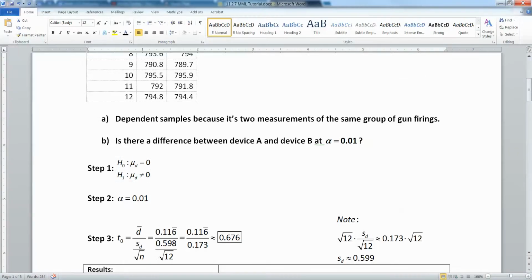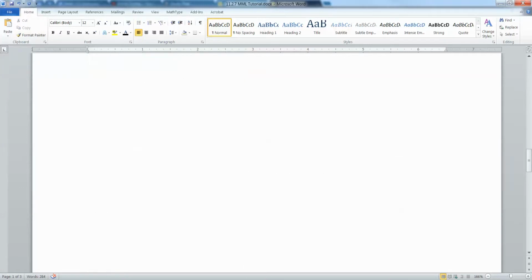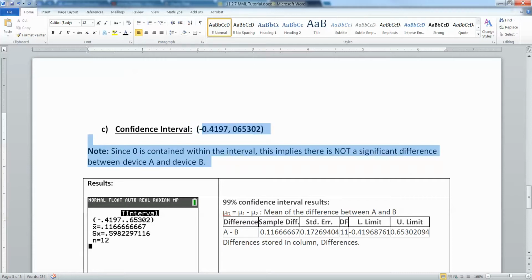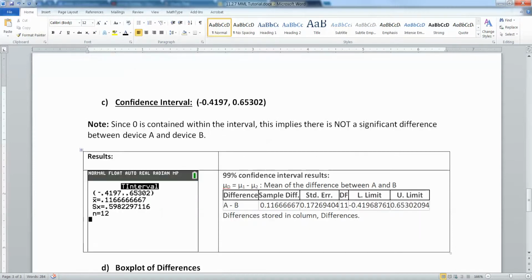What would matter to you is if the confidence interval didn't have 0 in it. If it did not have 0 in it, that would imply there's a significant difference. So just a little hint there. Since 0 is in that interval from negative 0.4 to positive 0.6, that implies that there is not a significant difference between device A and device B.